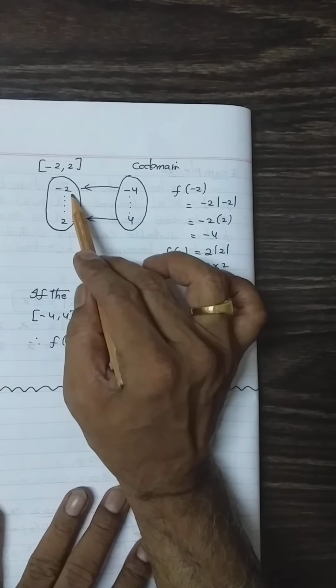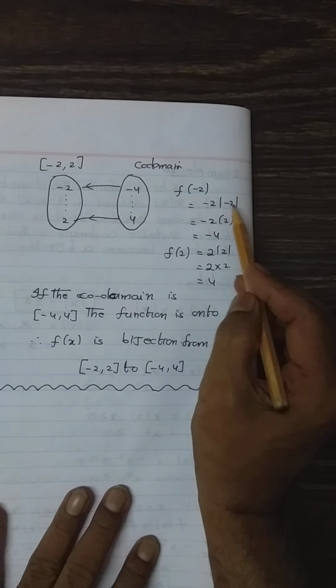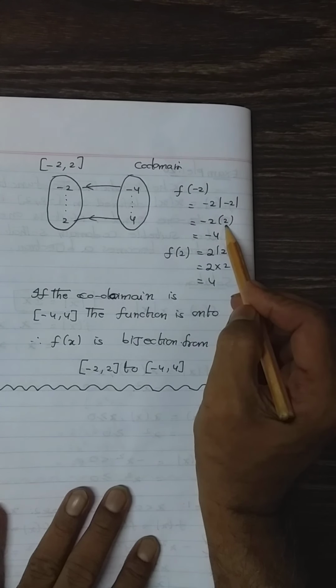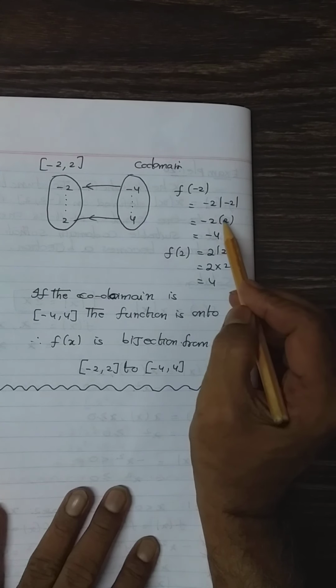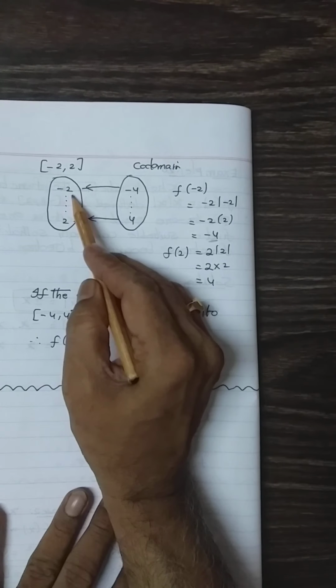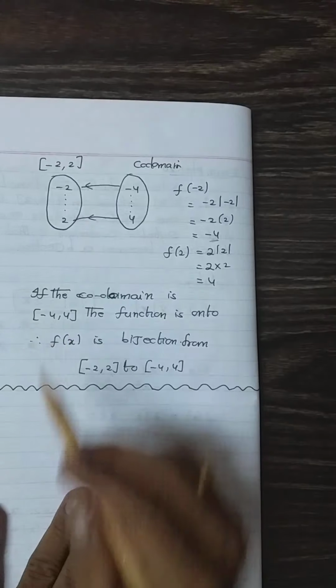So for example, f of -2 is -2 into mod of -2, because the function is x mod x. This mod x always returns a positive value, so minus of -2, minus into plus is minus, so -4. So for -2 this is -4, so the pre-image of -4 is -2.